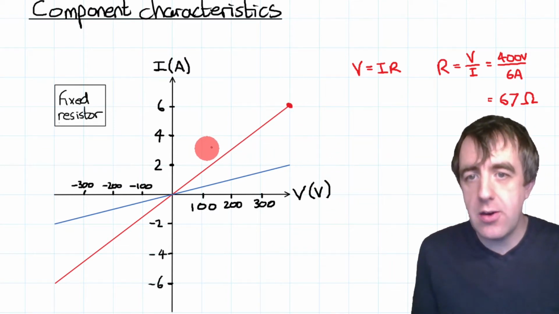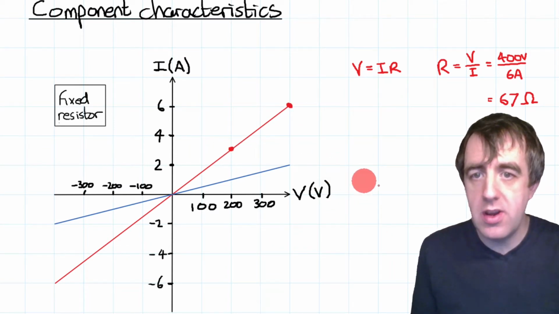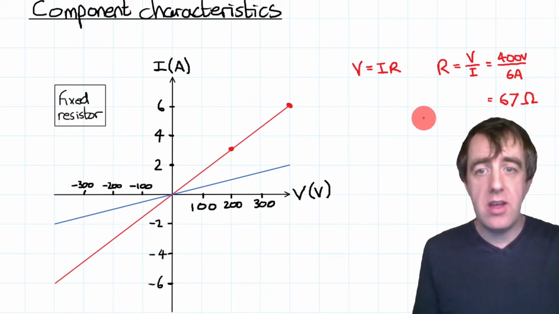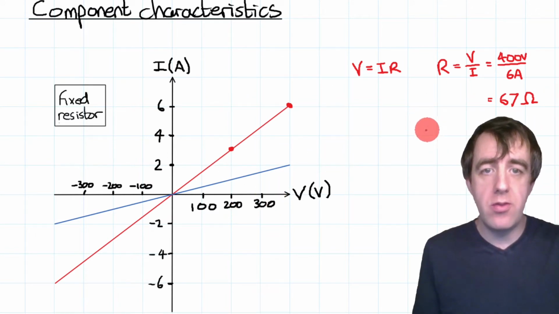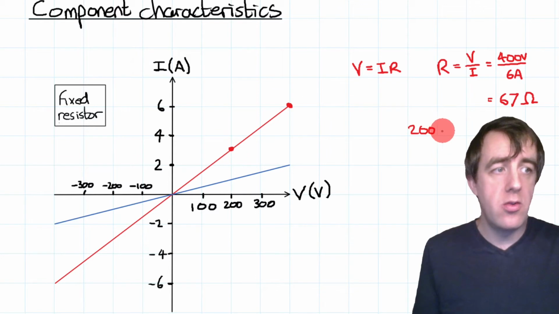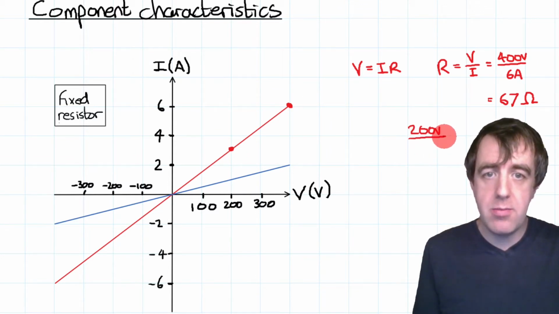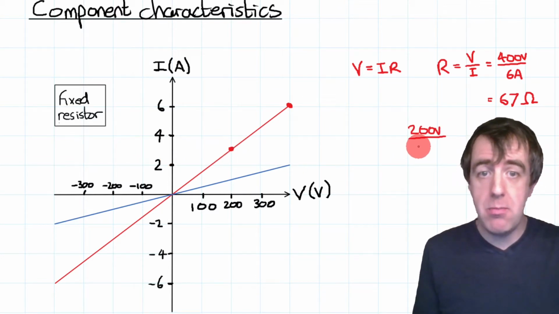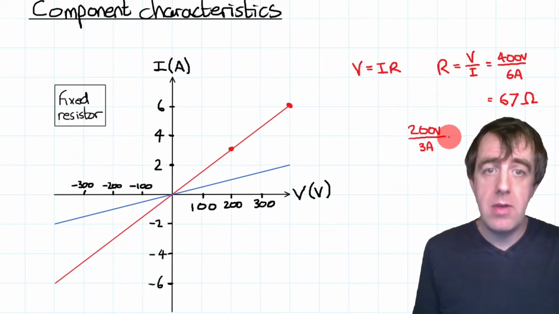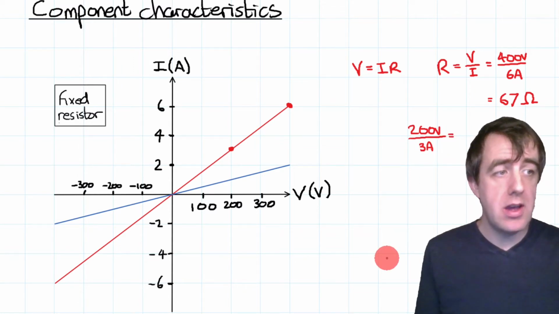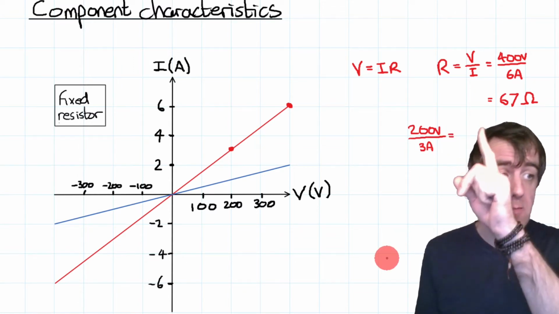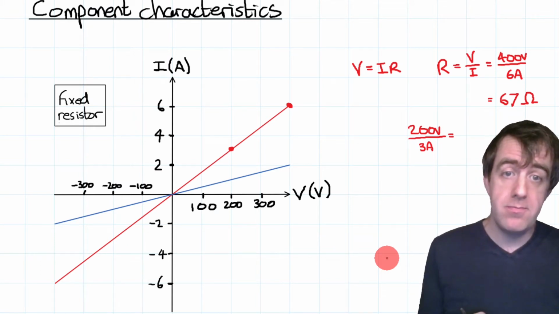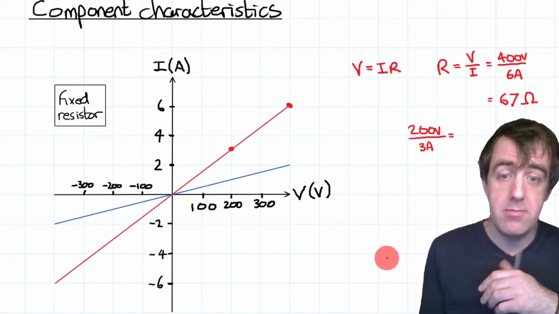But we can also do the calculation for this point here, for example. And if we take those numbers, we have 200 volts divided by 3 amperes. And if I plug that into my calculator, I get the same answer, 67 ohms to two significant figures.